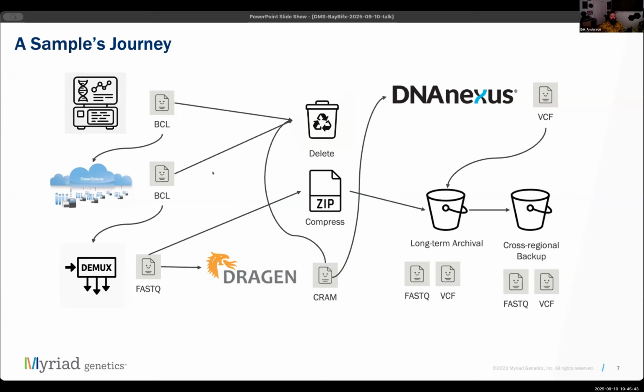At each step along this way, the orchestration layer calls the DMS API to register new file locations and their metadata, such as provenance, checksums, the creating process, that sort of thing.